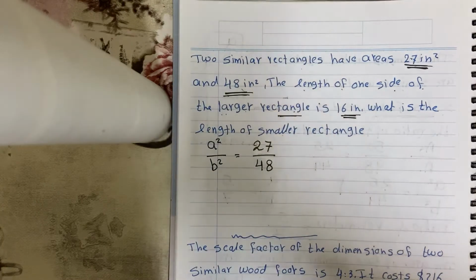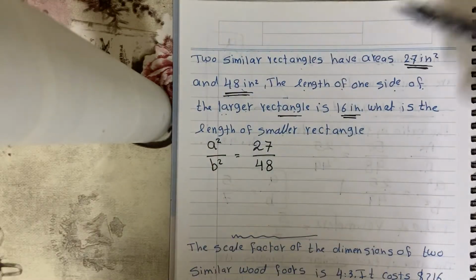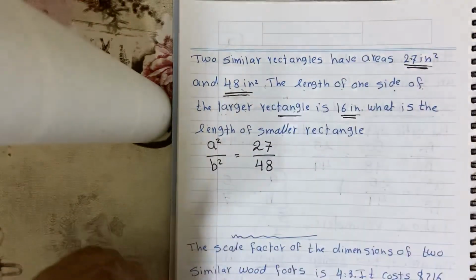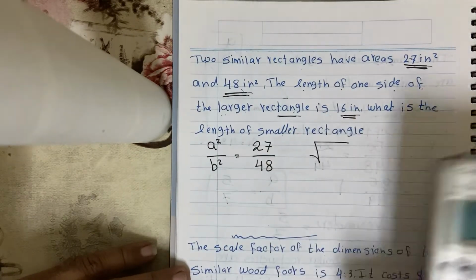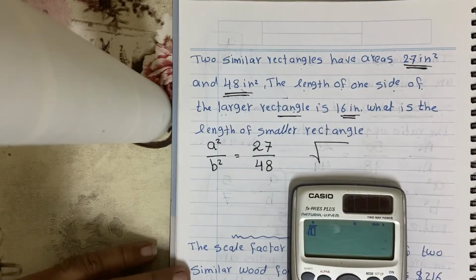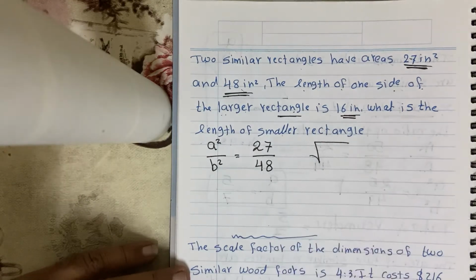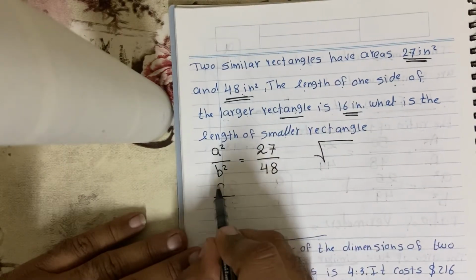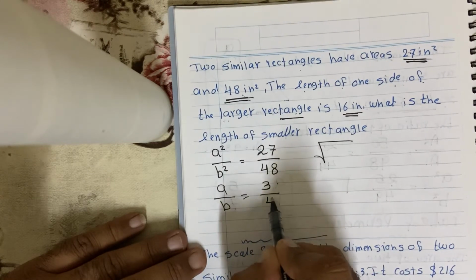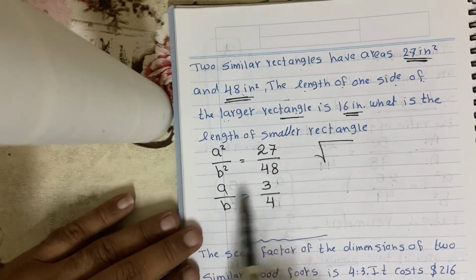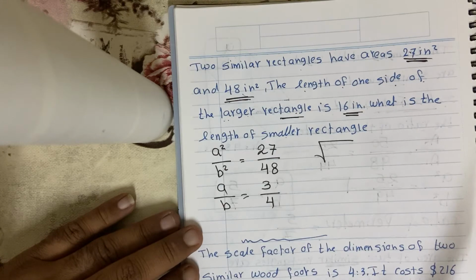By using the scale factor. So you are going to take the square root of 27 over 48. A over B will be 3 over 4. Now you have the scale factor.